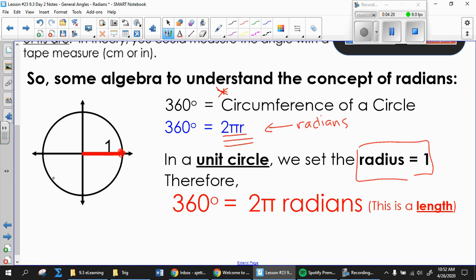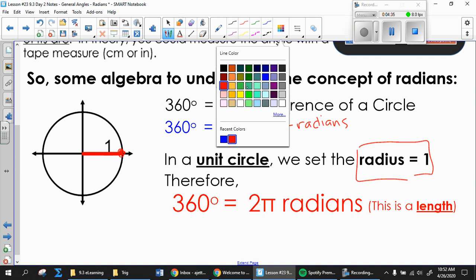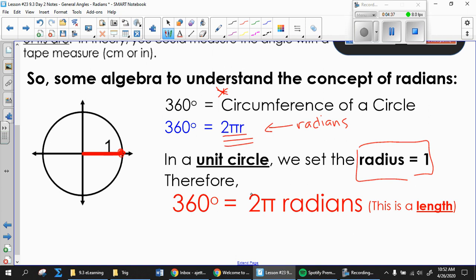But if you hear anybody ever talk about a unit circle, what they mean is that the radius of the circle is 1. If the radius of my circle is 1, that means 2 pi r turns into 2 times pi times 1, which is just 2 pi.